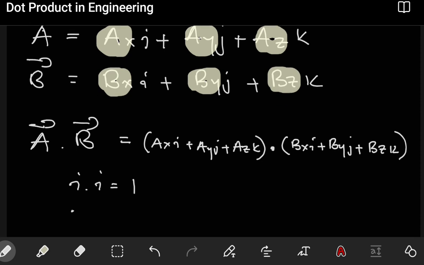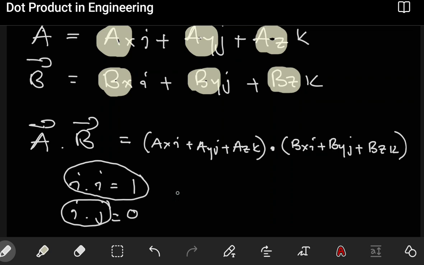But if you have I dot J, literally a situation where you are getting the product of two unit vectors which are not the same, this is going to give us a 0. So if you were to expand this, taking into account that when the unit vectors are the same, then their dot product will be 1, and when the unit vectors are different, the dot product will be 0.